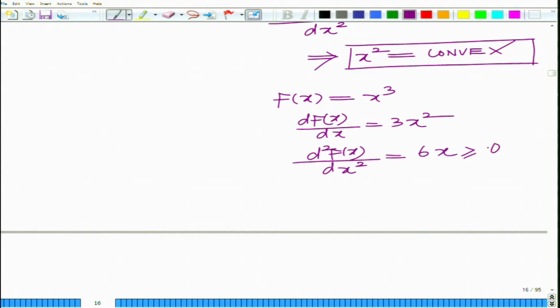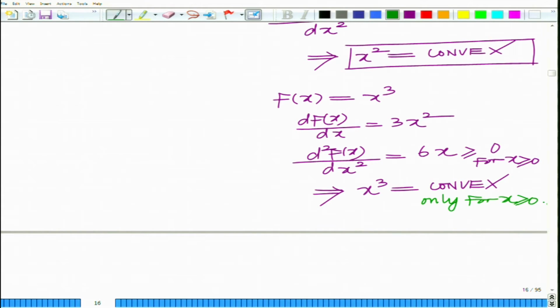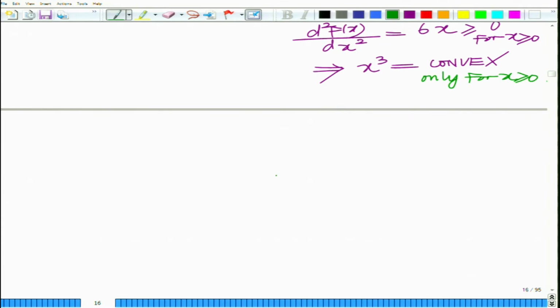Now, this is greater than or equal to 0 for x greater than or equal to 0, implies x cube is convex only for x greater than or equal to 0, and in fact that is what we had seen in the previous module.